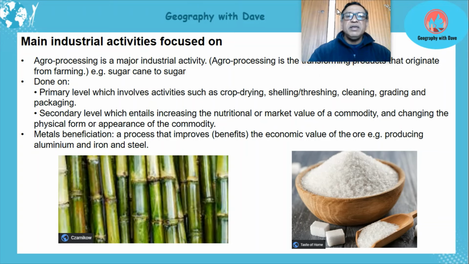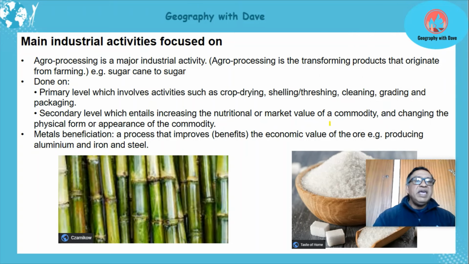Then we look at the main industrial activities focused on. Agro-processing is a major industrial activity in the Richards Bay SDI. What is agro-processing? I know we find this in the books.